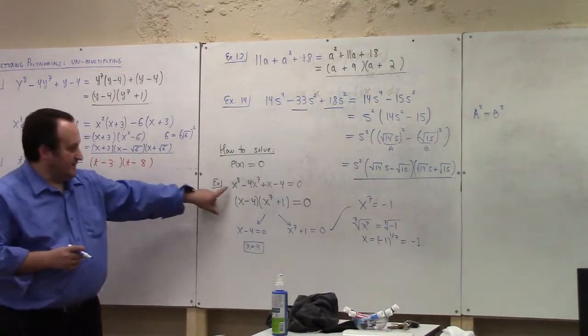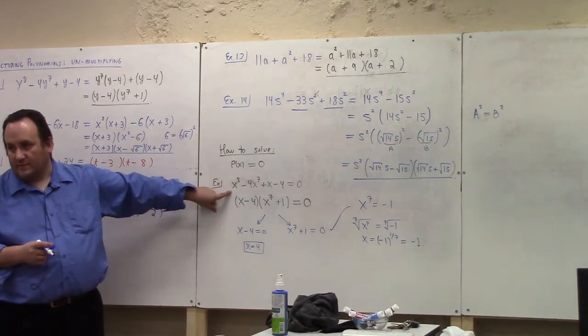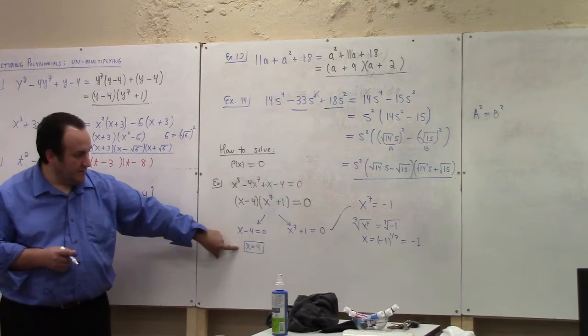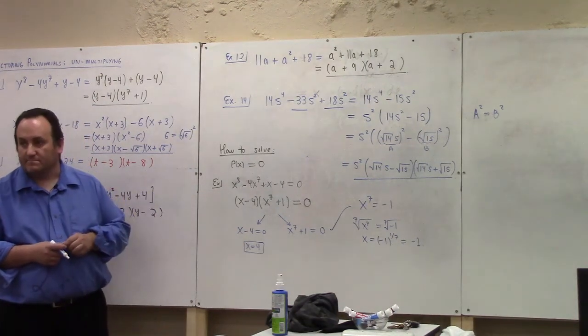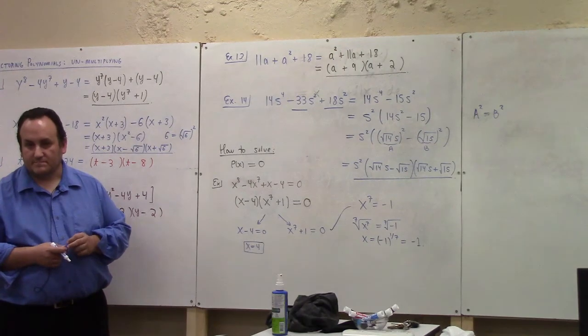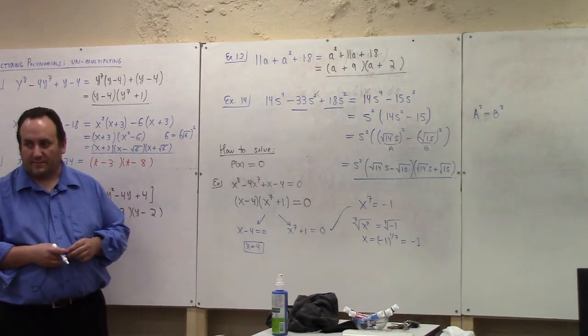So in fact, this equation right here has solutions 4 and minus 1. And those are all the real solutions. There are 6 other solutions which happen to be complex, but that's a different course.